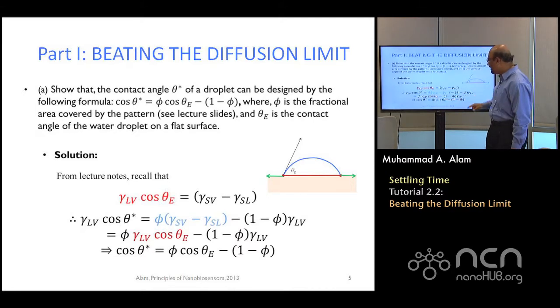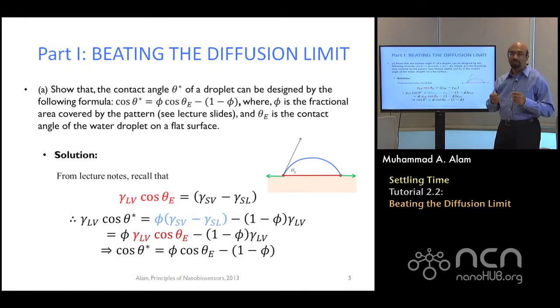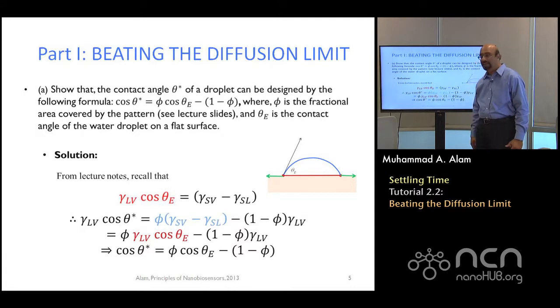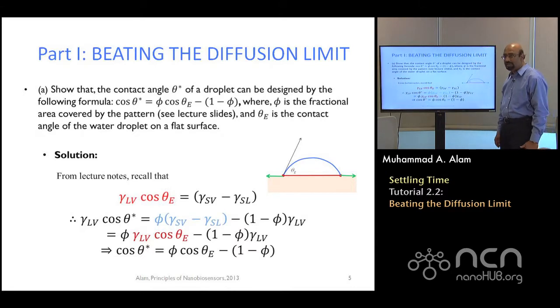And if you replace it, then you will see the only thing that remains: theta E knows about all the surface tension, original surface tension, original material, the fluid, the vapor, pairs of materials. It knows them all. And phi is the new variable, which allows you to control the interaction. And therefore, you get a theta star associated with it. So although this equation looks simple, this contains all the relevant information.